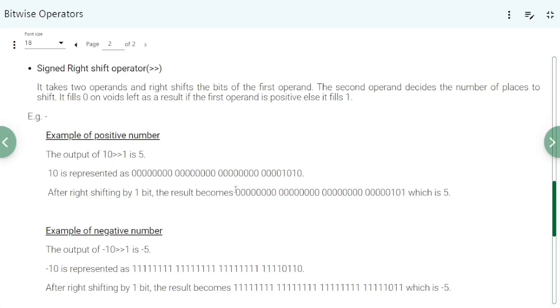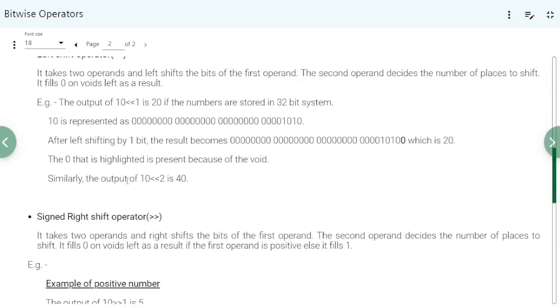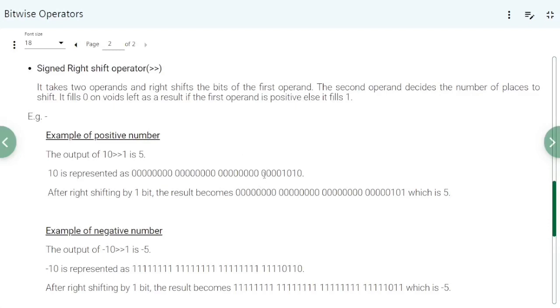Okay, guys, in my previous example, when I was explaining the left shift operator, I had considered only 8 bits of a number because I was representing the number in an 8-bit system. But now, as you can see, I am considering it as a 32-bit number.